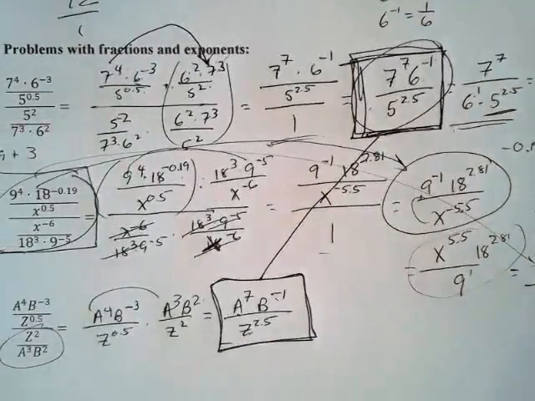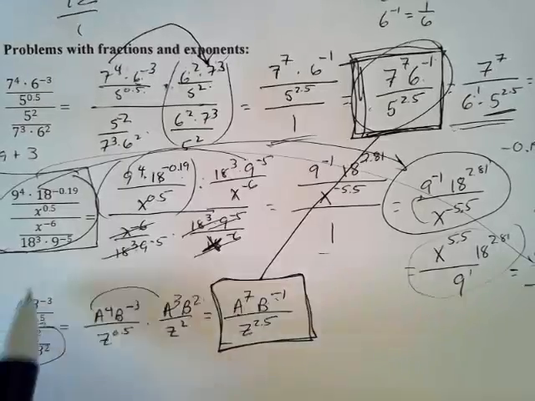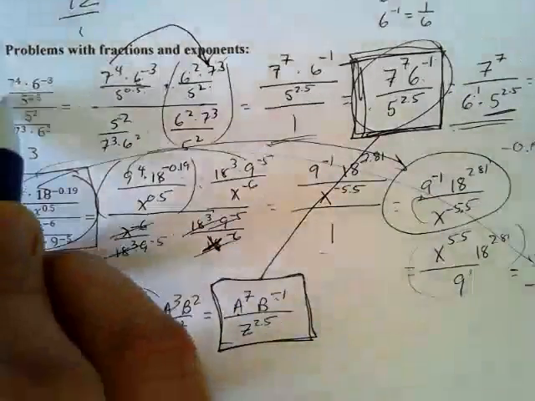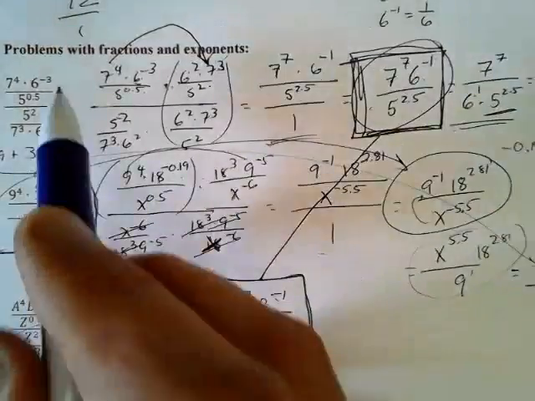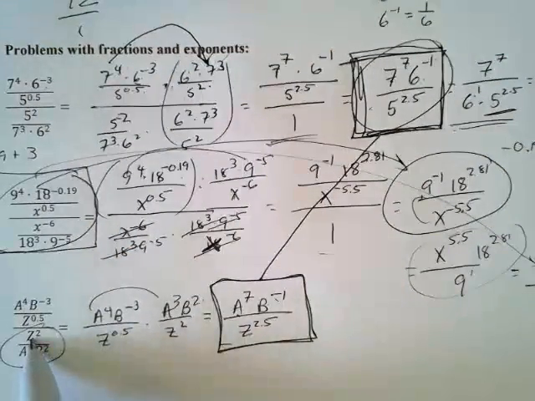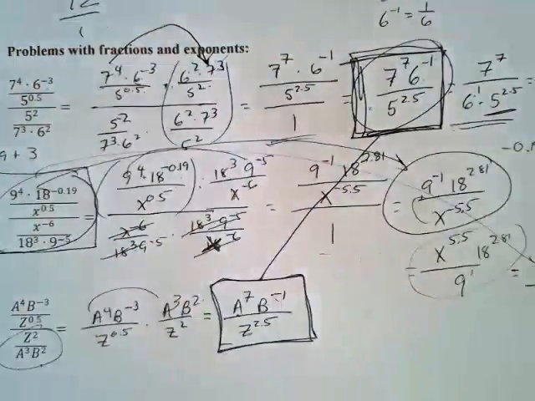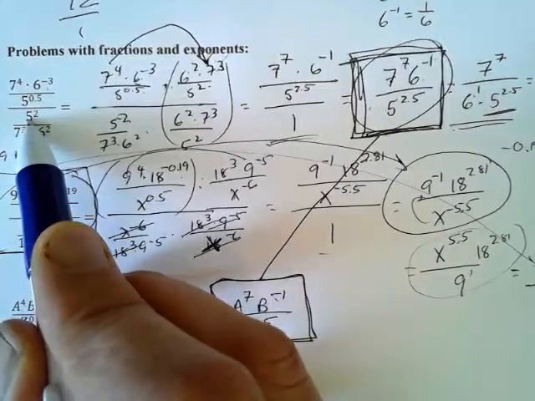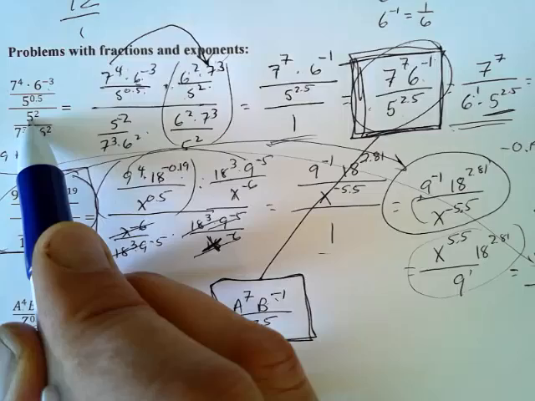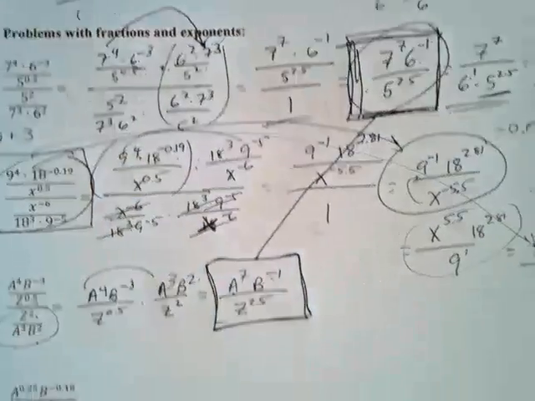We started in essentially the same place. Everywhere that 7 was, there's an A. Everywhere that there's a B, there's a 6 up here. And everywhere that there's a Z down here, there was a 5 here. So this problem and that problem are identical in terms of the logic and the rules that we use to solve them.